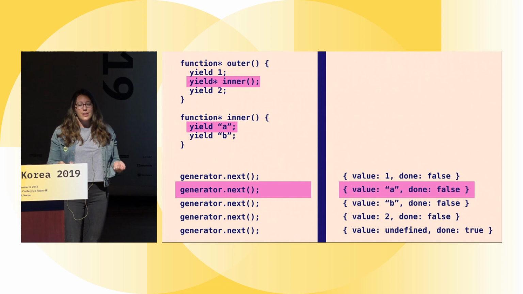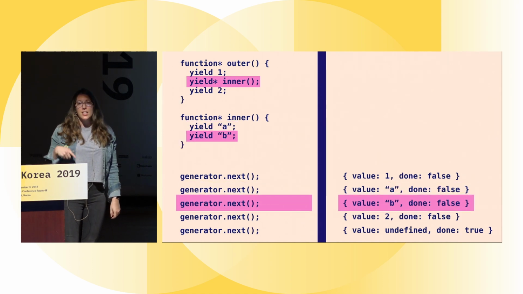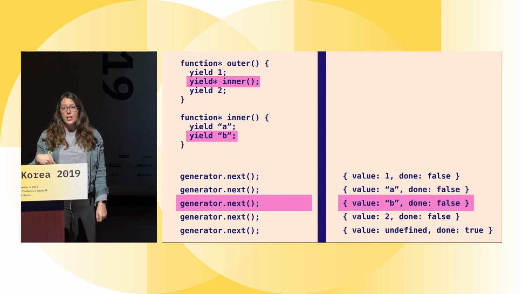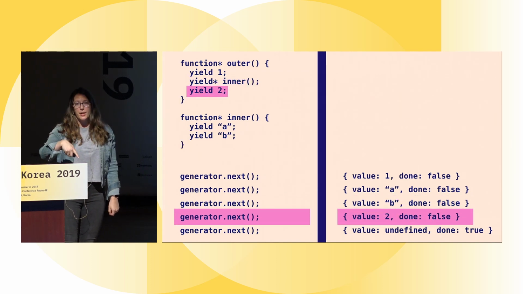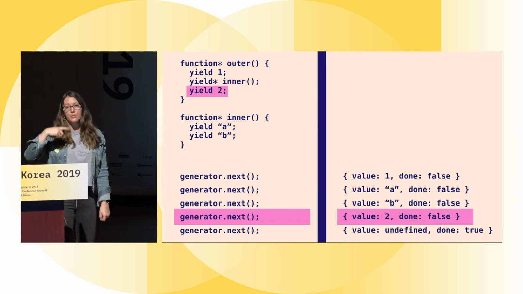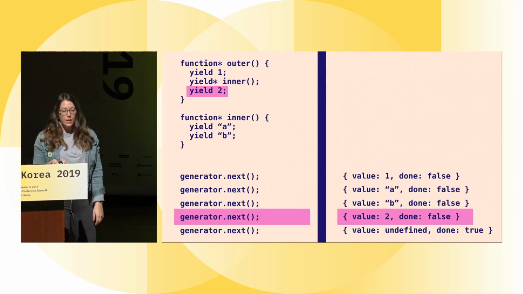So now when I call .next, I'm actually getting yield A, value A, from the inner generator. And this is going to continue until the inner generator is complete, and then it's going to go back to the outer generator. So it's a seamless calling of .next, even though you're putting together two different generators.